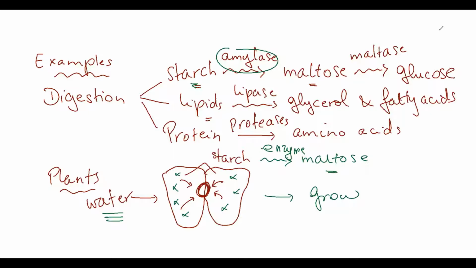Okay, let me explain something else. What is the maltose formed of? Let's think about it. This is a disaccharide. It means that it is formed of monosaccharides. What's the monosaccharide that forms maltose? You remember from last session?